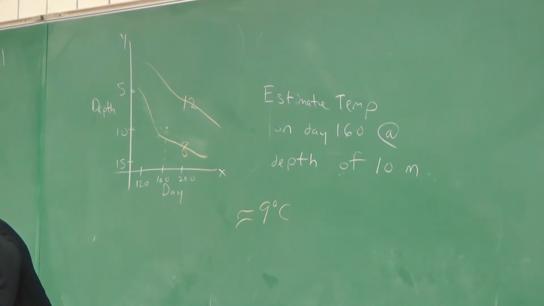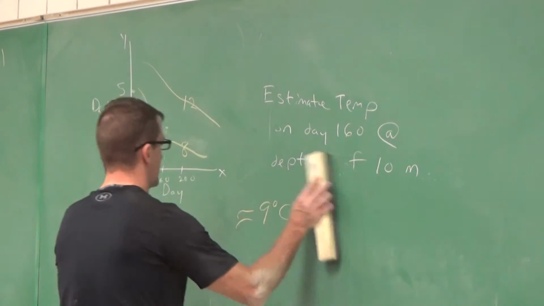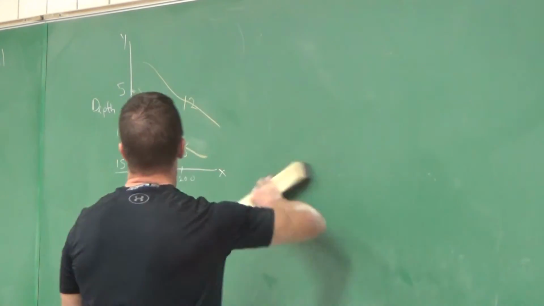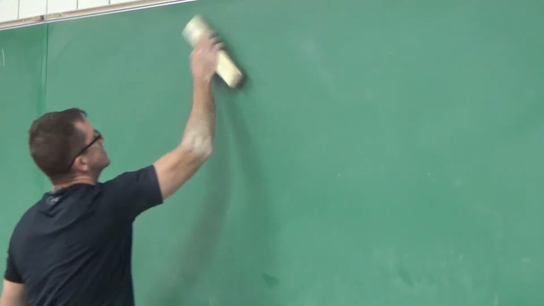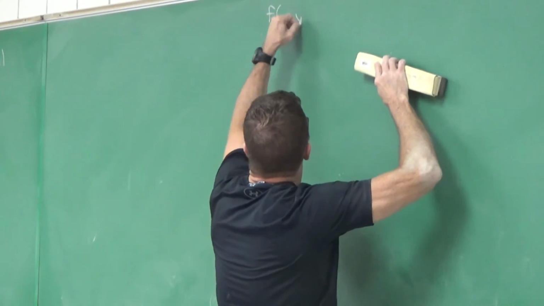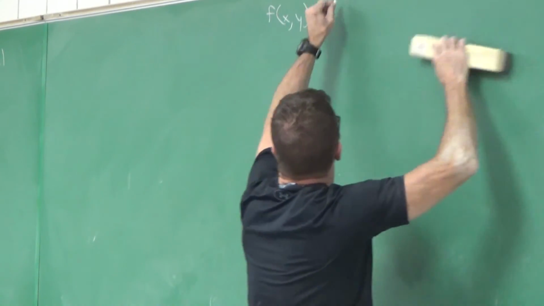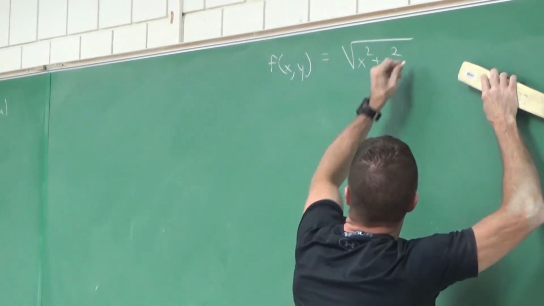Well, let's talk about these contour maps, and when contour maps are level curves. And there's 3 scenarios given there. Before we do that, I wanted to do an exercise before we look at this contour map. So I'm going to use the function f of xy equal to the square root of x squared plus y squared.